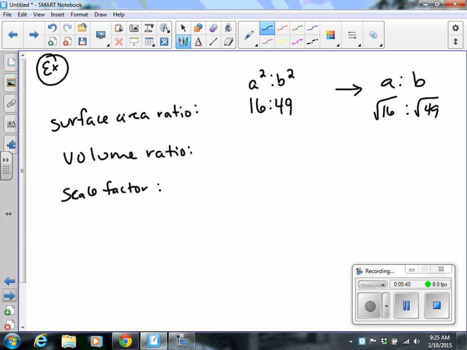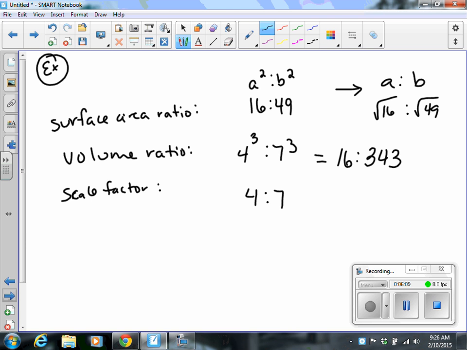I then know that my scale factor of A to B is 4 to 7. Now I can find my volume ratio: 4 cubed to 7 cubed. 4 cubed is 16... and 7 cubed is 343. So I've now calculated my ratios.